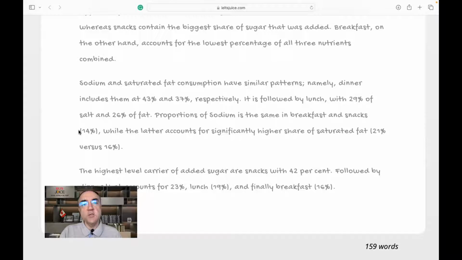A very good use of parentheses. You see, that trick adds variety to your sentence structures. So instead of just saying, yes, fat and sugar have this percentage, saturated fat has this percentage, dinner shares this percentage, instead of this, that sounds very mechanical.